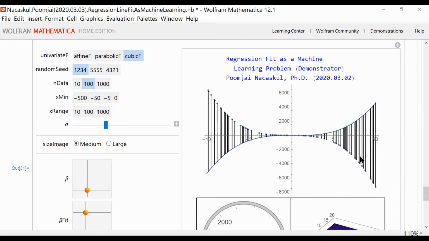Now let's go to another situation where we also have a statistical model. But instead of doing regression, let's do classification. In classification, I want to draw a partition.